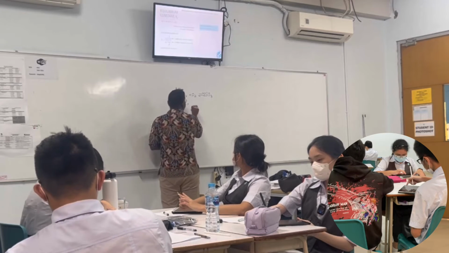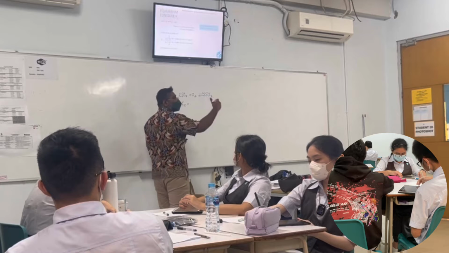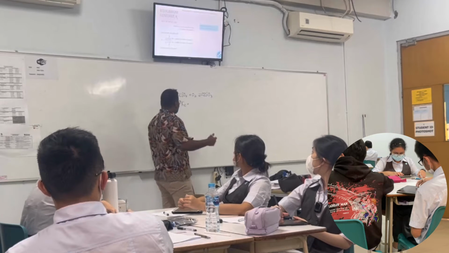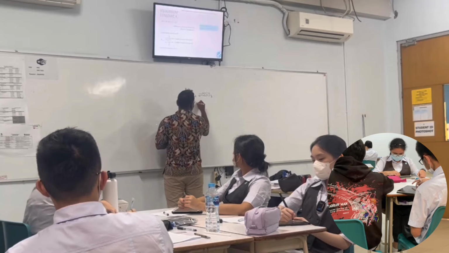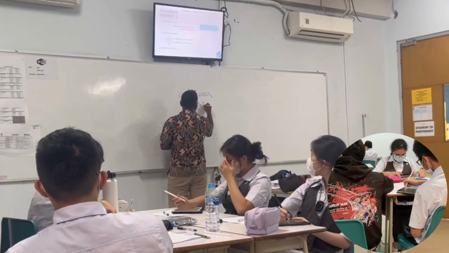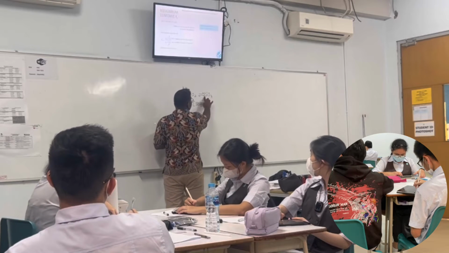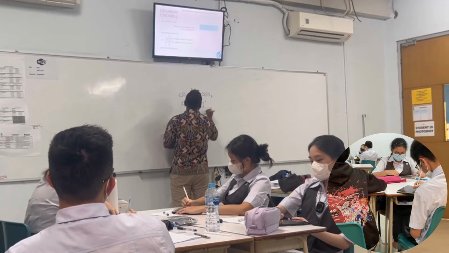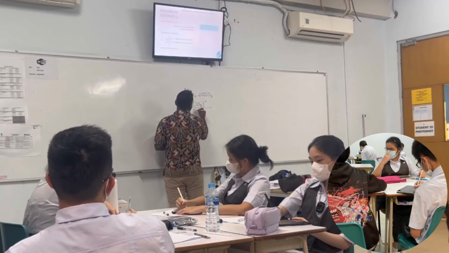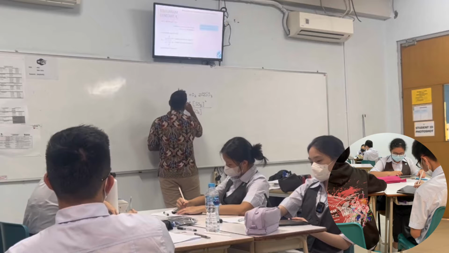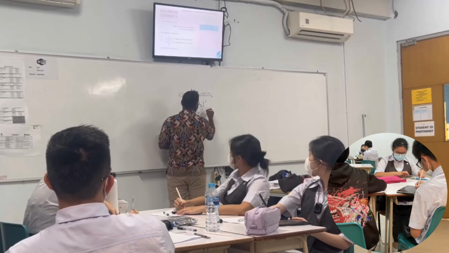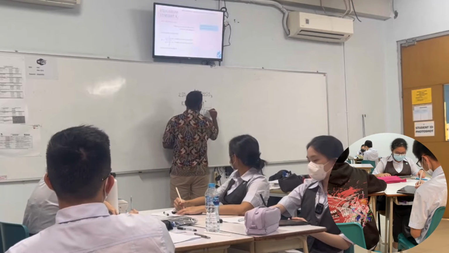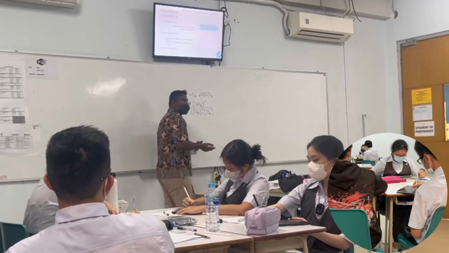Now, the Kc expression is product divided by reactant. Please take note. Concentration of SO3 to the power of 2 because of these two, divided by concentration of SO2 to the power of 2 times concentration of O2. Quite simple.